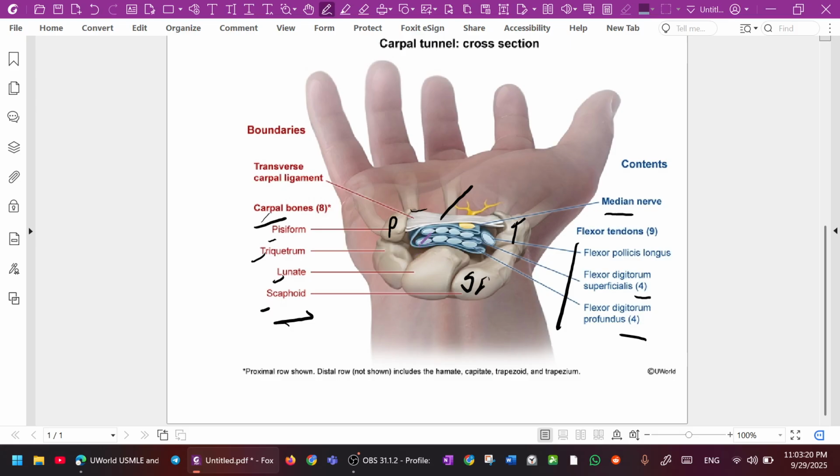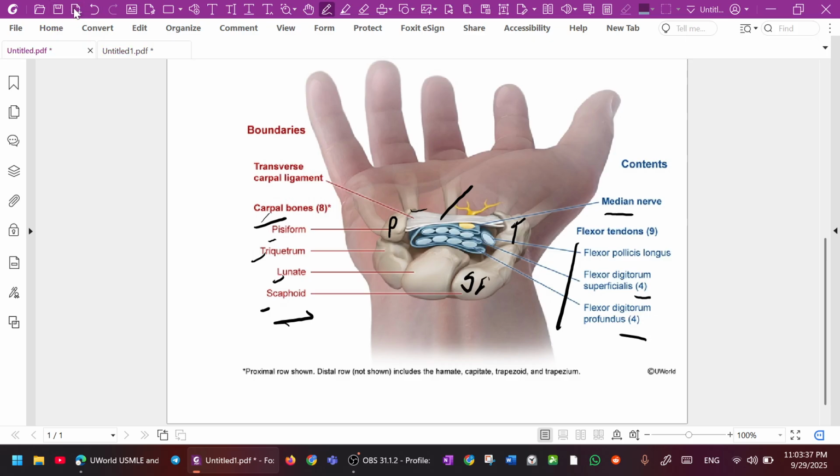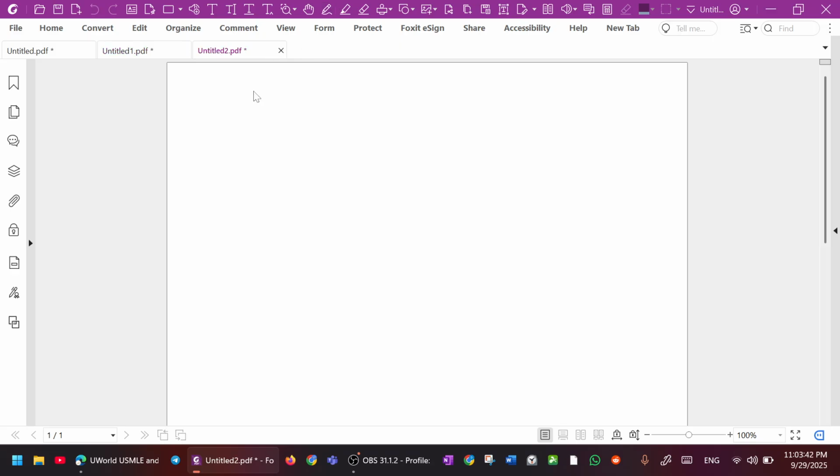CTS typically affects sensory fibers. Very important.